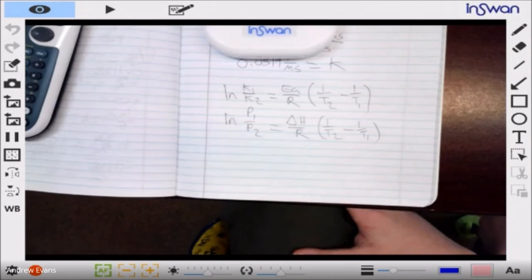How does the rate constant relate to temperature? It's almost the same. The only difference is that instead of pressures, we're looking at rate constants, and instead of heat of fusion or heat of vaporization, we're looking at activation energy. But it's downright beautiful how this same equation is essentially multi-purpose.